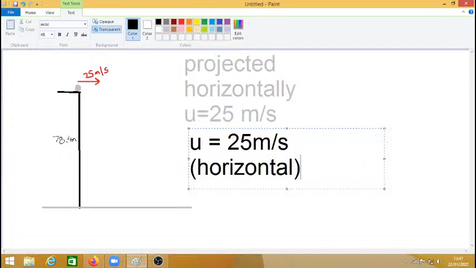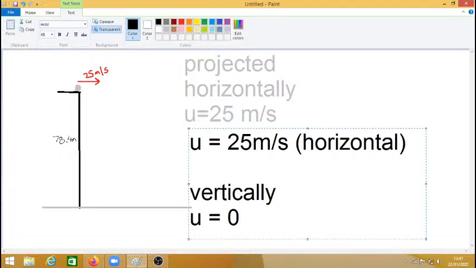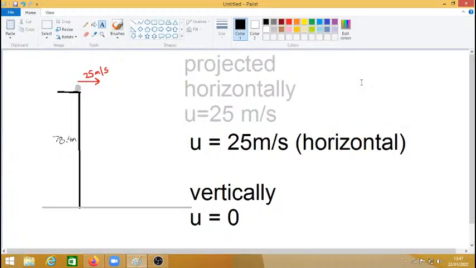We also know that you also have to think vertically as well. So vertically, the particle doesn't have any speed at all at the beginning. So we can say u vertically is equal to 0. It's important in these questions to get an idea in your head that you have to look at them in two ways, vertically and horizontally.